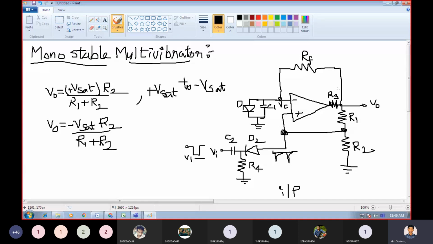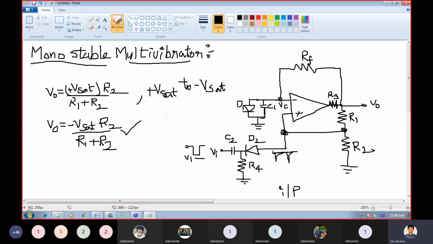When the capacitor voltage Vc becomes just slightly more negative than this value, minus beta V saturation, then the output of the op-amp again switches back to plus V saturation.